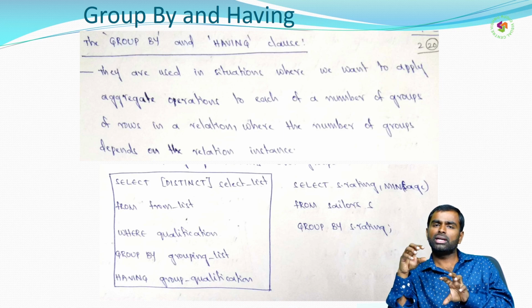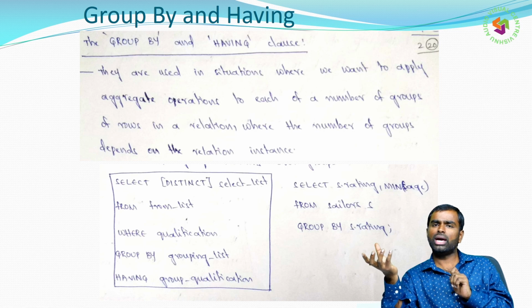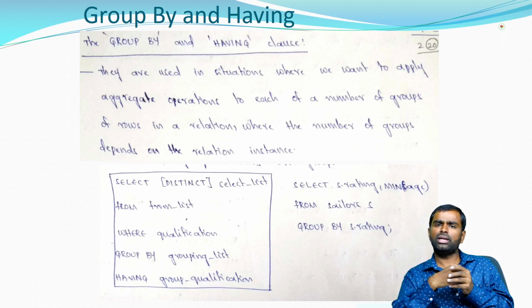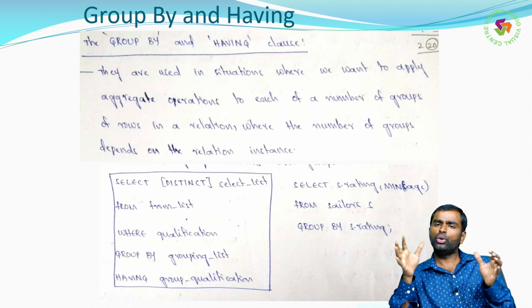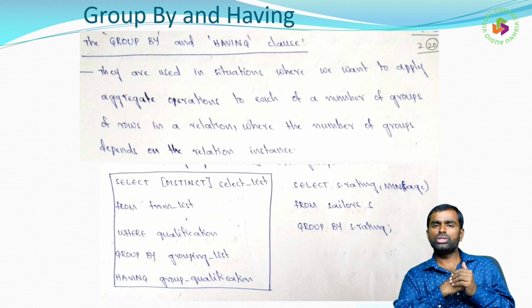For female, where gender equal to female, salary equal to salary plus 15%, that increment you can give. Like that you can divide the data into a number of groups, and on the group you can apply a condition by using having.